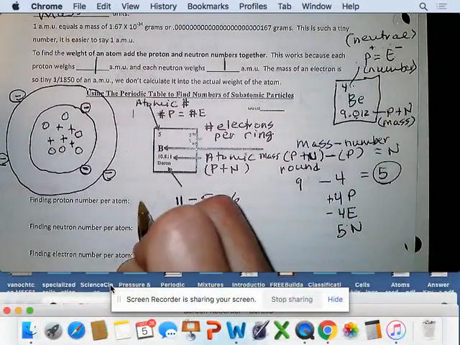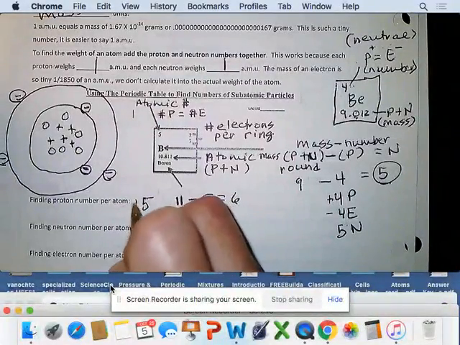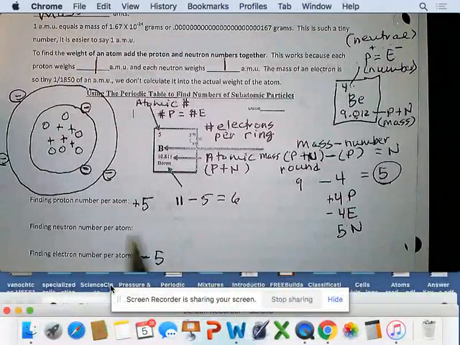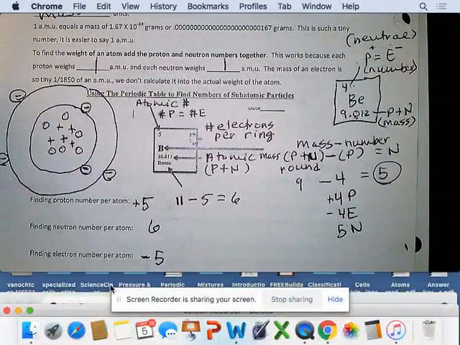We said the proton is 5, and if you want to, you can call it plus 5. The electron is minus 5. They cancel each other out. And then the neutron number for your average boron atom, even though you can have different forms, different isotopes, is about 6 neutrons. Okay? There can be multiple different forms of the same element with different numbers of neutrons.